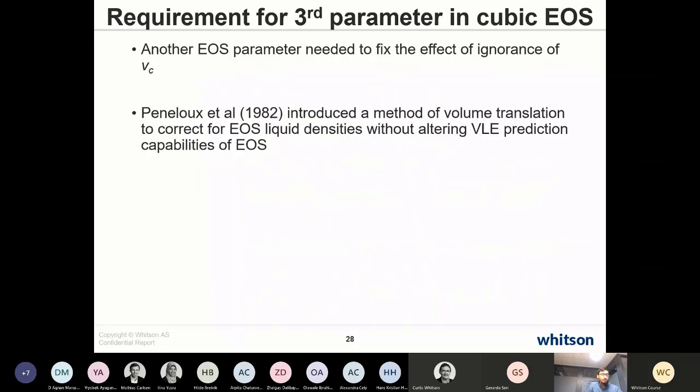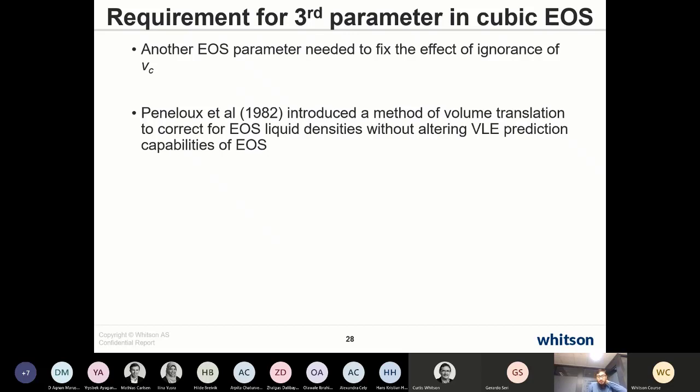There were different attempts to improve the capability of the cubic equation of state model to predict accurate liquid phase densities. But Péneloux, and Curtis can tell you about the interesting stories about these people, the French people came up with an excellent idea of how to introduce this third parameter in the cubic equation of state model.